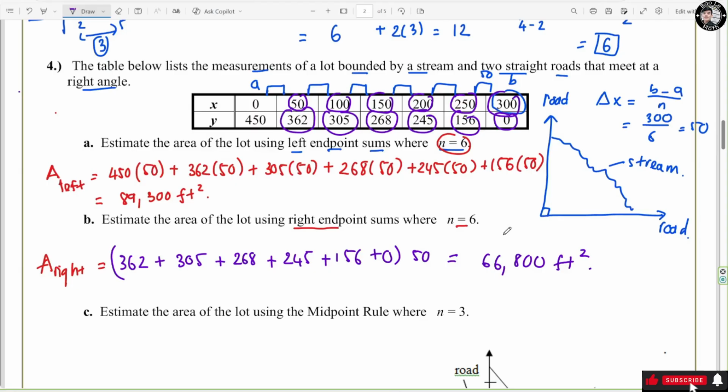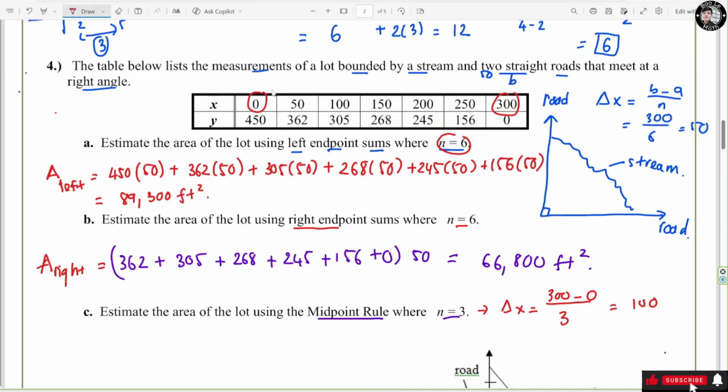Now let's move on to question C. Estimate the area of the lot using the midpoint rule where n equals 3. So you see that we have 3 subintervals. It's going to be from here to here, right? And this one from here to here. And this one from here to here, right? Now you're going to use the midpoint, so it's going to be this guy right here, right?